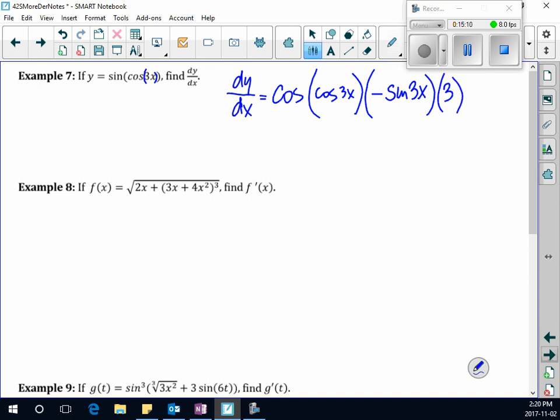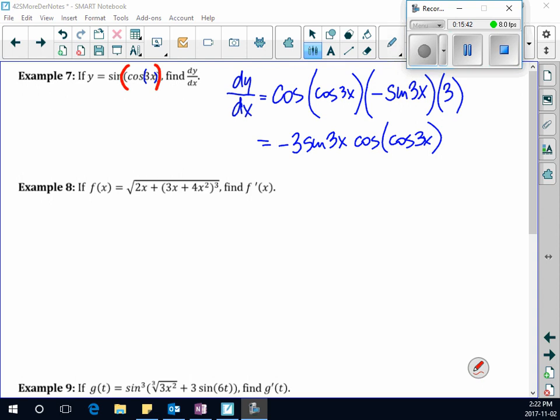I probably need to have bigger brackets around the whole thing for sure. So I think I want to put this whole thing in front just to simplify it a little bit, clean it up. So minus 3 sine 3x cos of cos 3x, like that as my final answer.